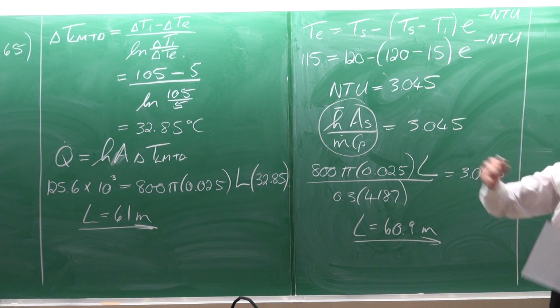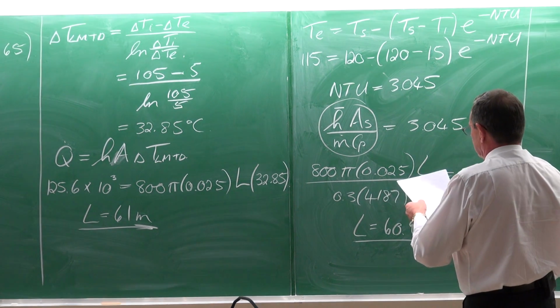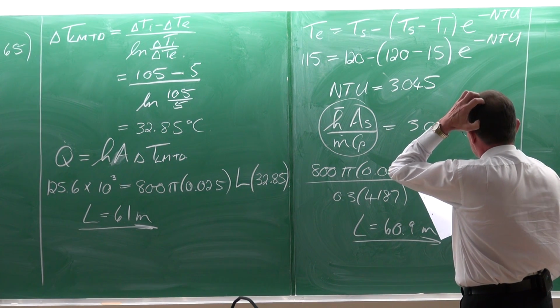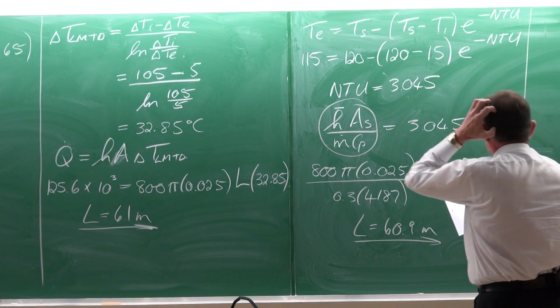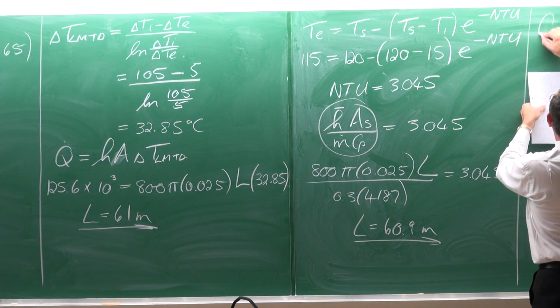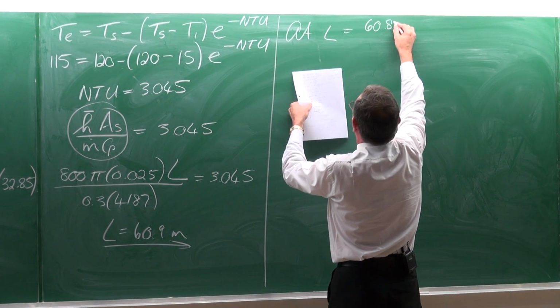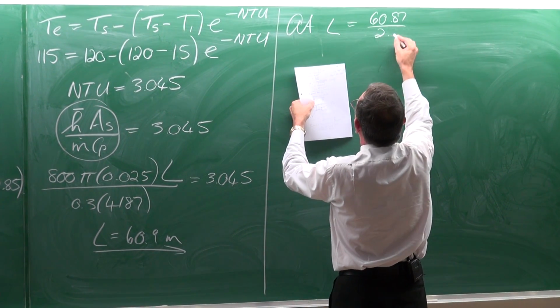There's an equation that gives you the outlet temperature, but not the temperature as a function of x. Well, we can do it like this. We can say at L equal to 60.87 divided by 2.